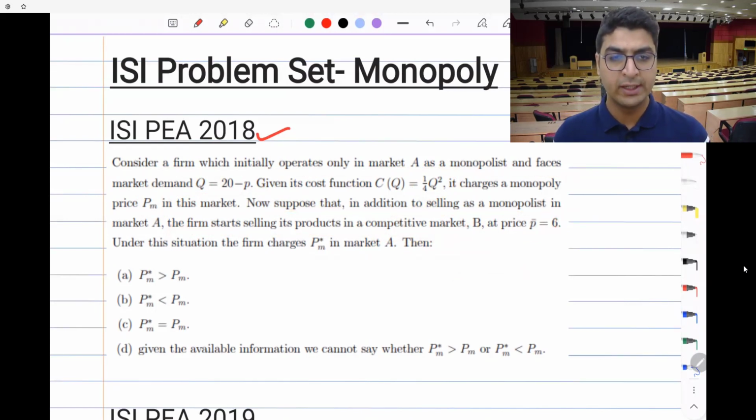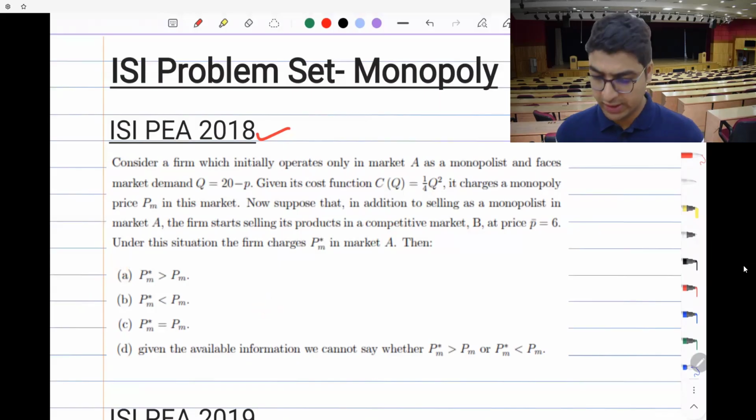So under this situation the firm charges P star M in market A. If it is only selling in market A, then the price is PM, and if it is also operating as a competitive firm in market B, then the price in market A would be P star. So we need to check whether P star M will be greater than PM, smaller, equal, or depends.